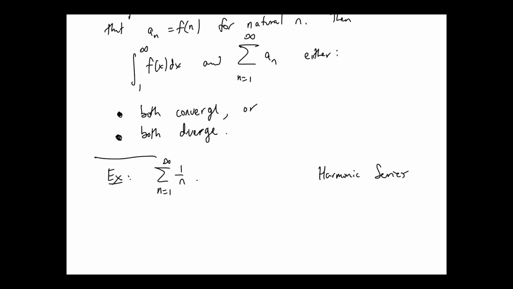We proved last time that it diverged by using Oresme's clever trick, grouping up every power of two terms and collapsing them. So we already know it diverges, but let's prove it using the integral test. Generally, you have a series you want to examine, and you turn that into an integral. The only time you'd want to do that is if the integral is reasonable to compute.